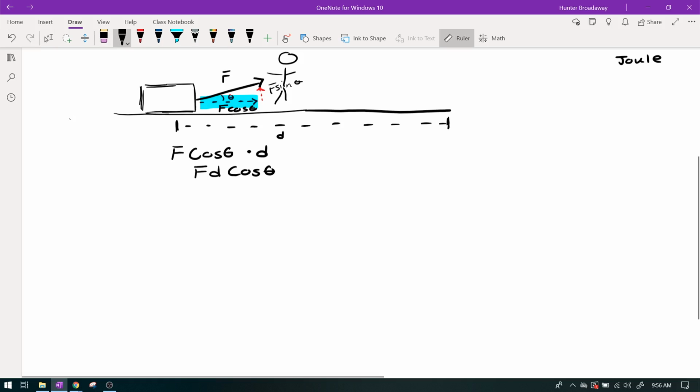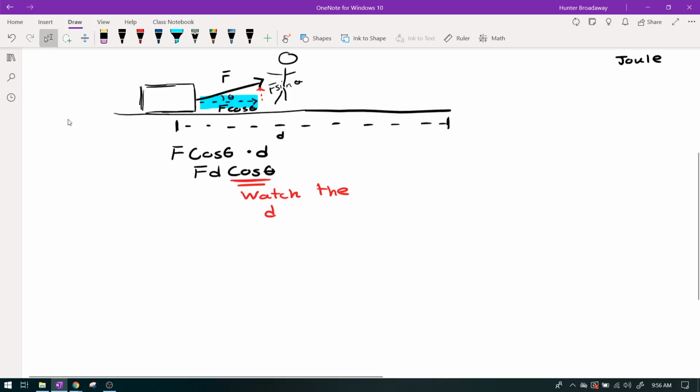The reason why we use the cosine of theta is because it's going along the direction of the motion. There may be really weird circumstances where you might actually have to use the sine instead of the cosine. So my best advice right now is to always watch the direction of motion.